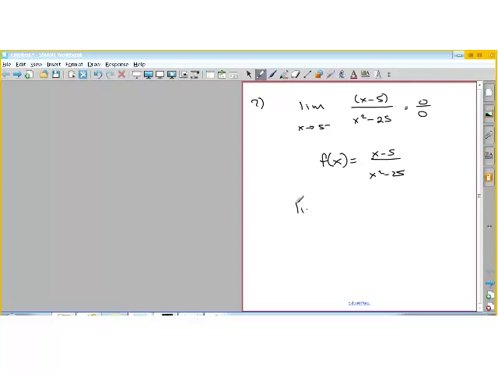The limit as x approaches 5 from the negative side of f of x equals the limit as x approaches 5 from the positive side of f of x, which is equal to the limit as x approaches 5 of f of x. If the limit is the same coming from the left-hand side or the right-hand side of the number, then this is true. If they're not the same, then the limit does not exist.